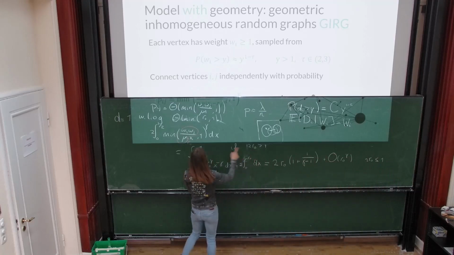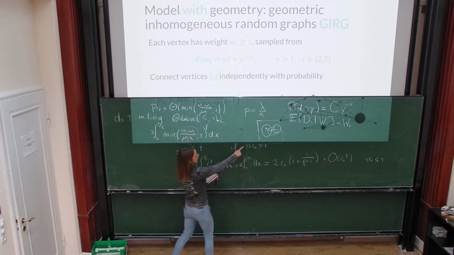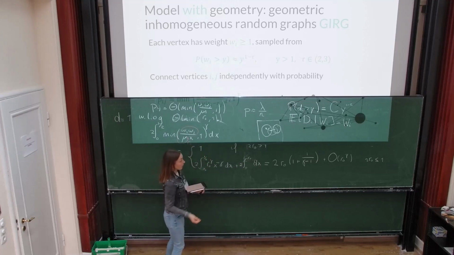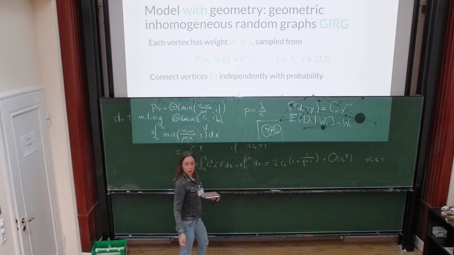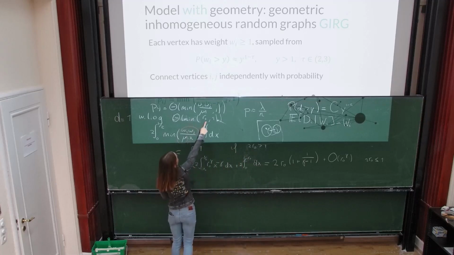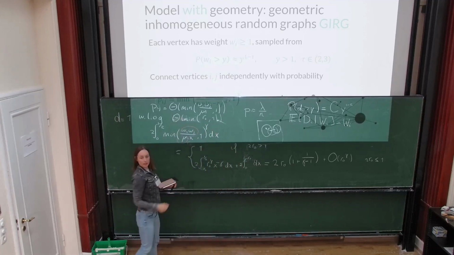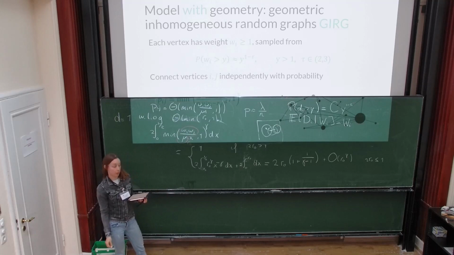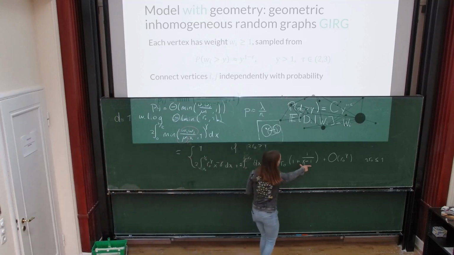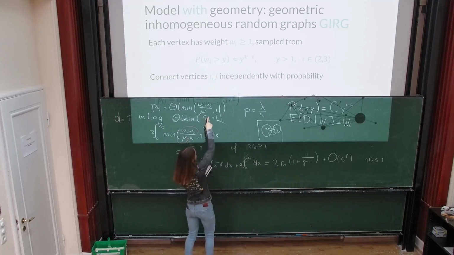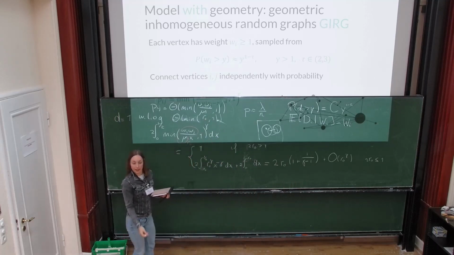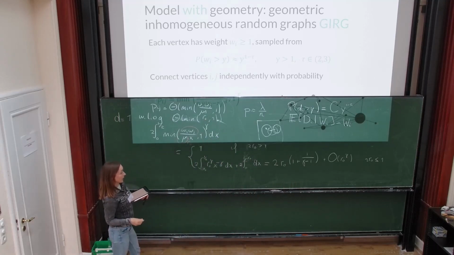When R0 is larger than 1, 2 times R0 is larger than 1, we get a 1. And when it's smaller, we get some constant times R0. So it's not exactly the minimum of R0 and 1, but in order of magnitude it is the same. Here we have a different constant, and the switching point is not exactly at 1, but at another constant, but in order of magnitude this is the same.